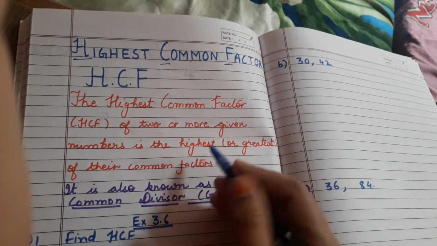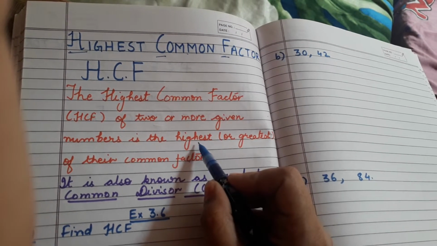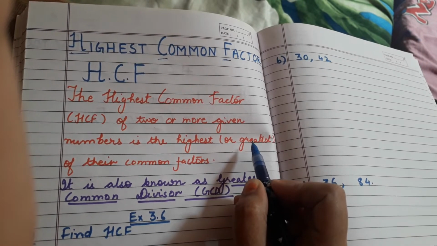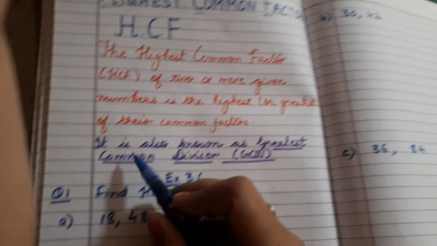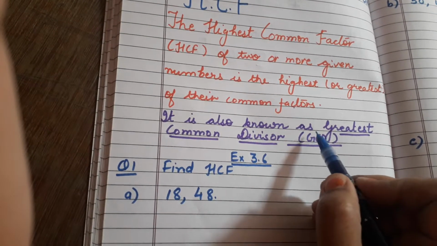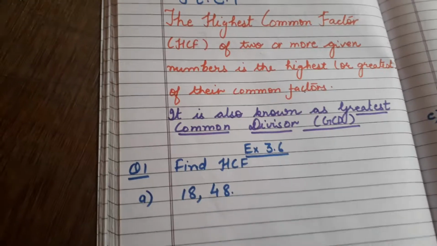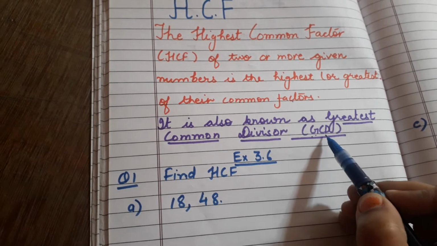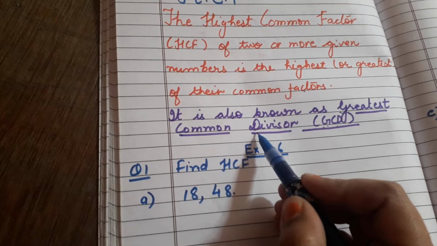What does it mean? When we find the common factors, we have to see the highest or the greatest number in between the common factors. It is also known as the greatest common divisor. And what is its short form? The short form is GCD, greatest common divisor.